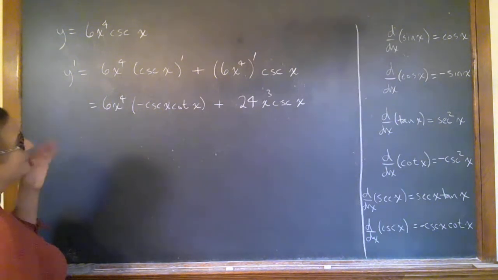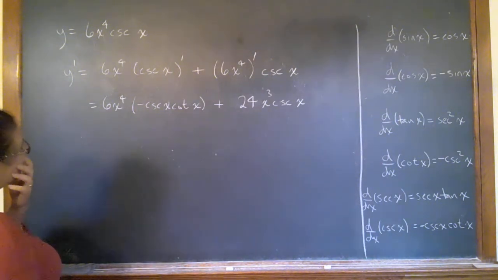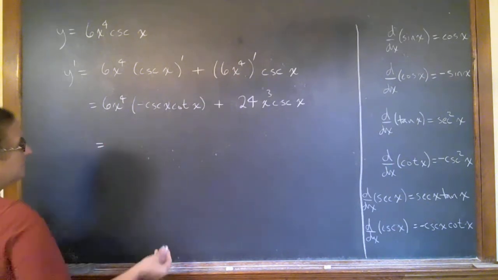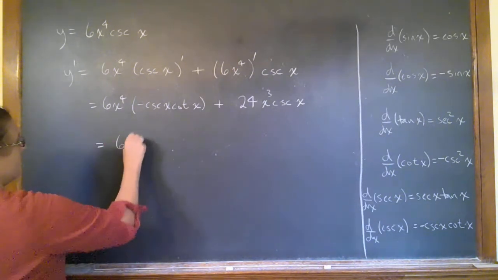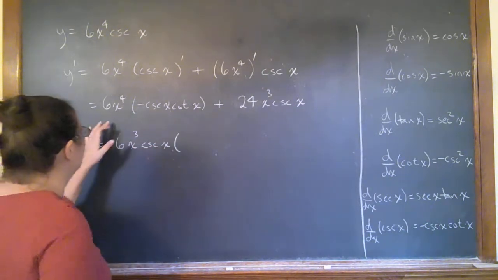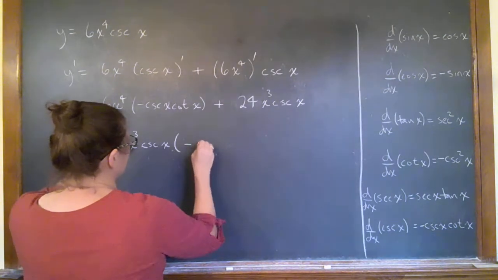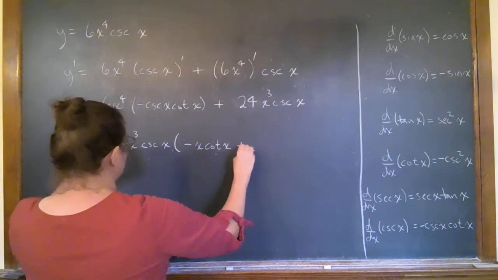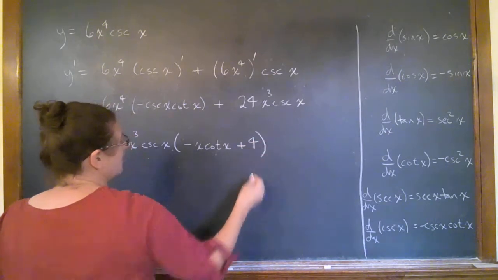You can, of course, play with it a little more if you want, right? Because I could pull out a 6x cubed cosecant x, and then I would end up with a negative x cotangent x plus 4.